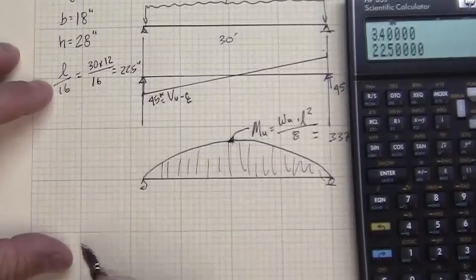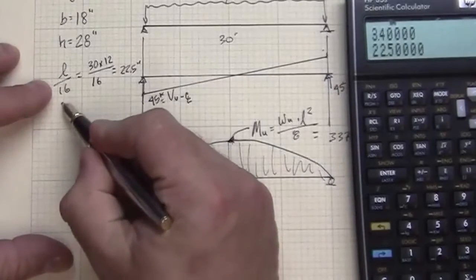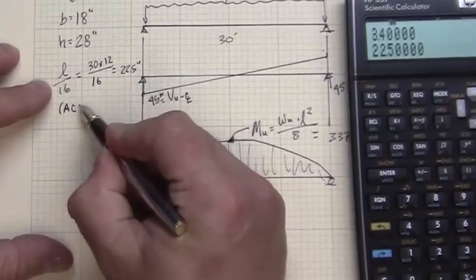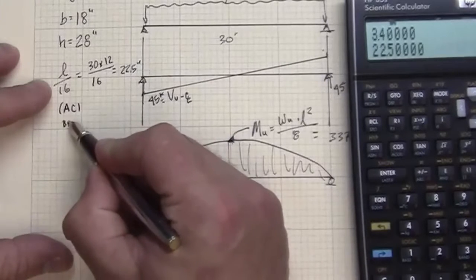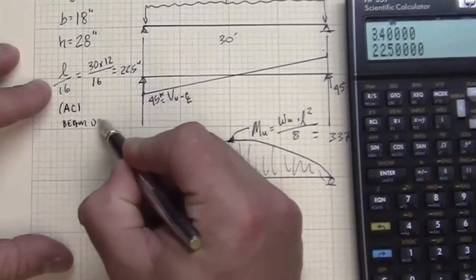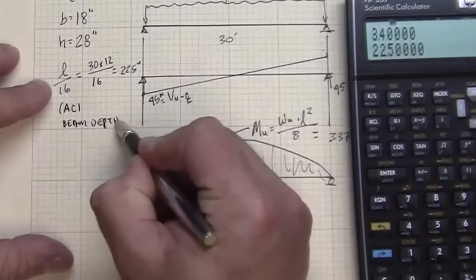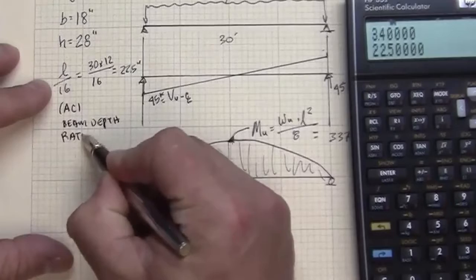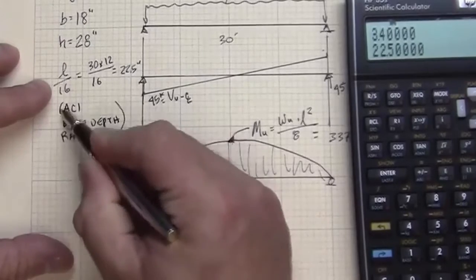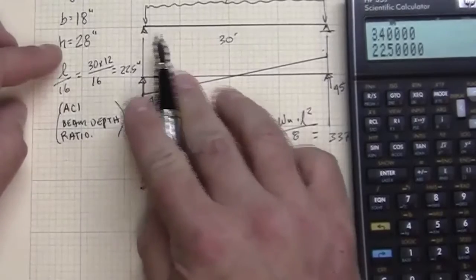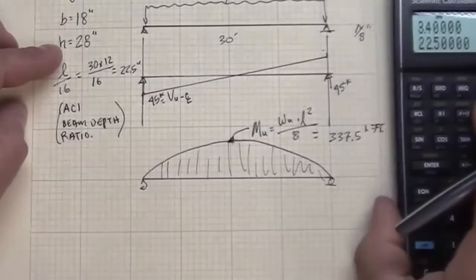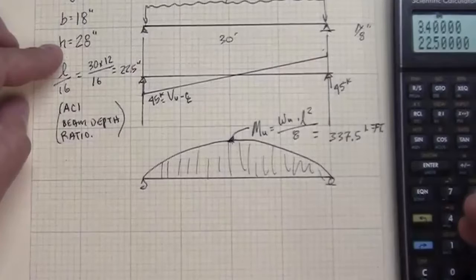So that is a ratio that's in the American Concrete Institute code. That's the ACI beam depth ratio. Other building concrete codes will have similar depth of member to span length, and this is to account for deflection considerations.